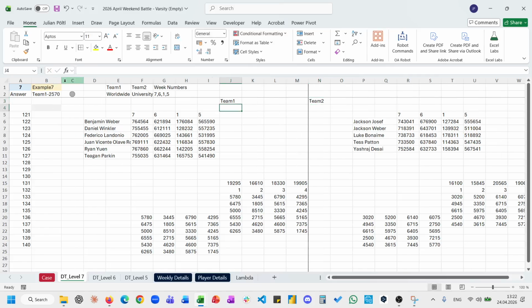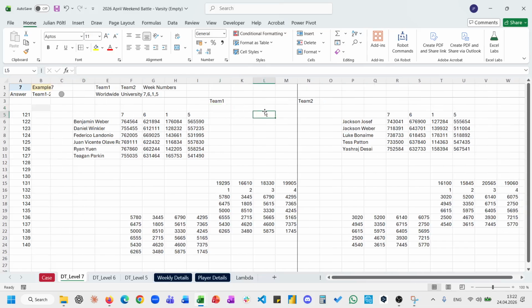And the point difference is asked. Sum of points from team 1, sum of points from team 2. Equals X lookup max.